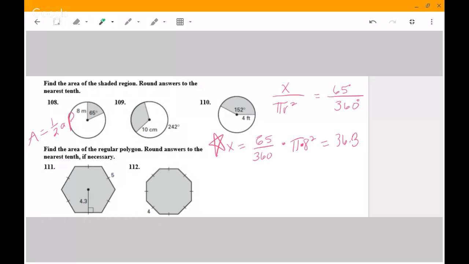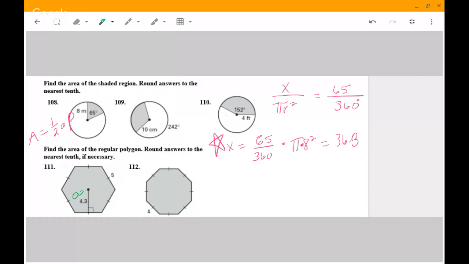You don't have to figure out either of those numbers. So you can almost go straight to the area formula, because this 4.3 is your apothem, because it goes from the center to the side and it meets it at a right angle. That's the apothem.